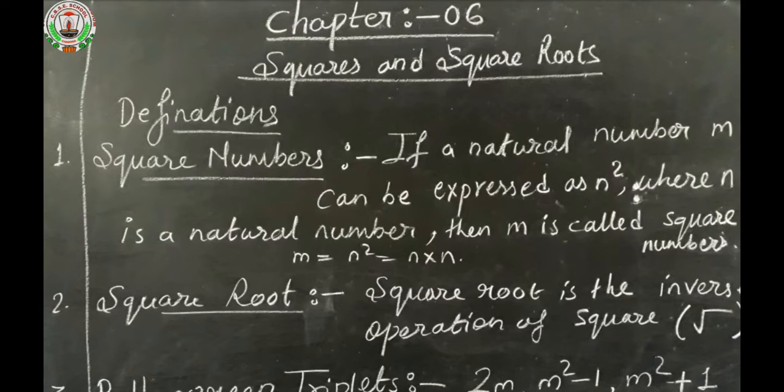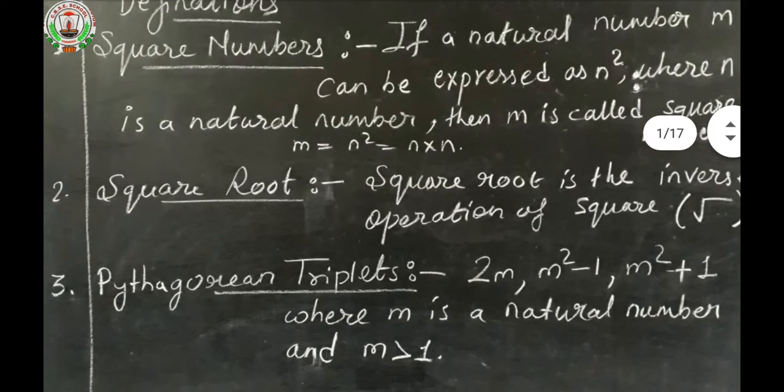Then you have to take the square root of the number, or LCM I can say, of 4. Take the LCM of 4, how much? 4 is 2 into 2. So inside the root, the notation given inside the bracket is read as square root. So 2 into 2 becomes inside the square root. When you take it out, one of the two, a pair of two numbers is made, so one of the two will be the square root of 4. Like that it is. It will be more clear when we do the exercise.